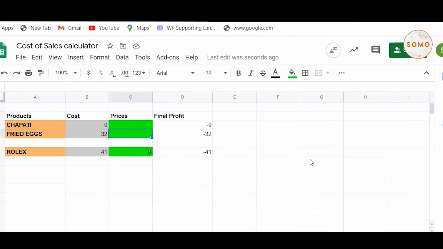After filling in the cost of product 2, the next sheet we're going to fill is the production sheet. In the production sheet, we will be filling in the prices for individual items. In this case, our individual items are chapati and fried eggs. The price of 1 chapati is 20 shillings.